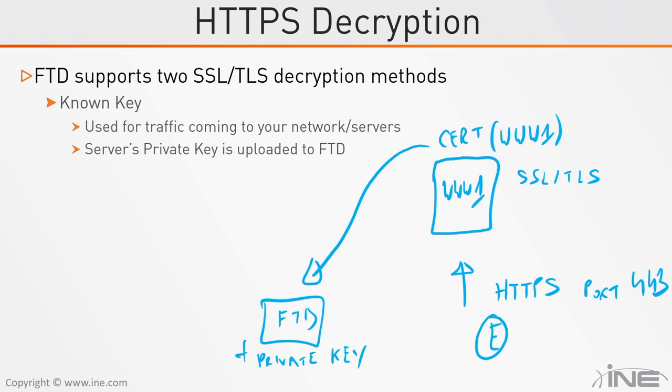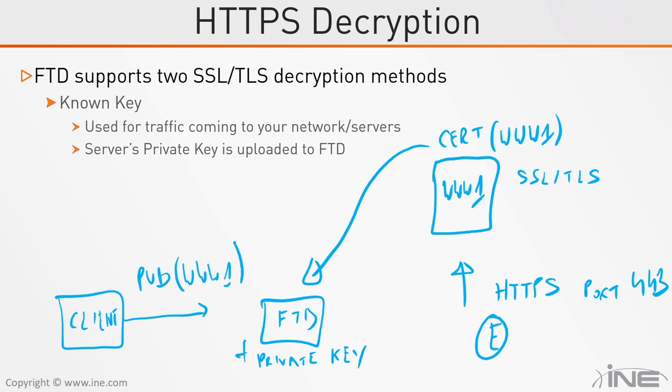Of course, this key is needed to decrypt communication from the client, in which case the client uses the public key of our server, because we know that public key encryption is decrypted using the corresponding private key. So to see the actual content of the SSL TLS handshake, FTD is supposed to have the right key.